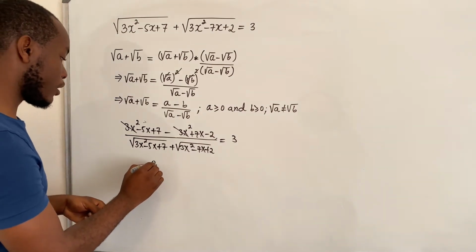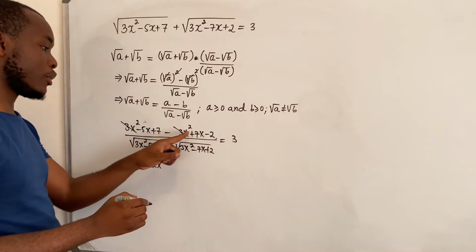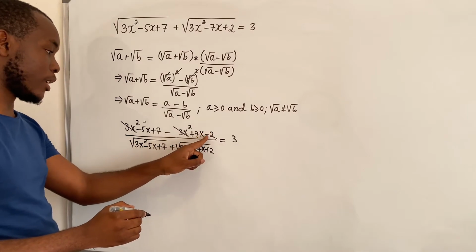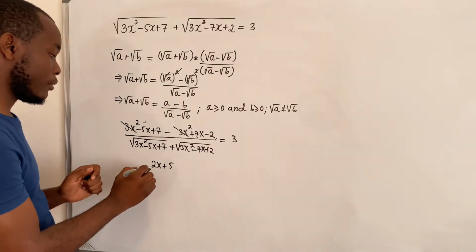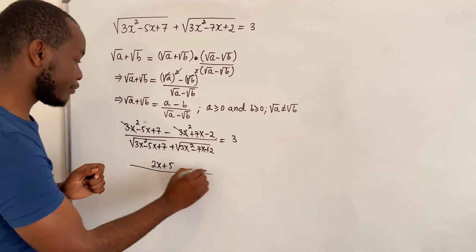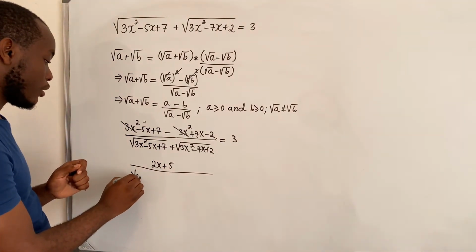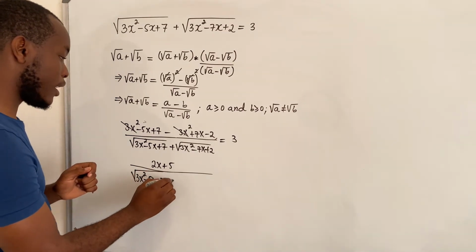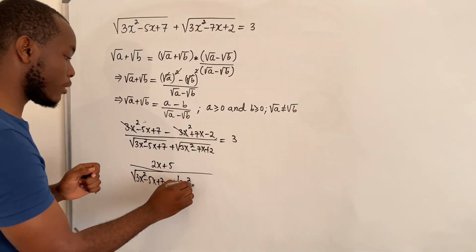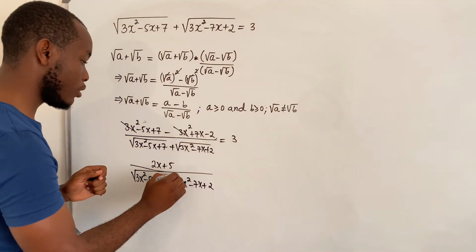So we have 2x. Here we're going to have 7 minus 2, which will be plus 5, over this expression.